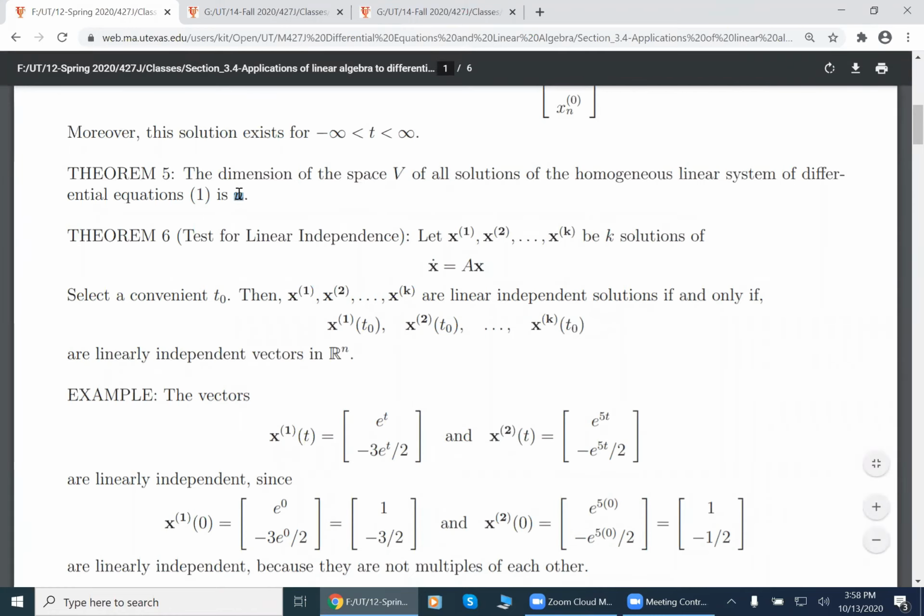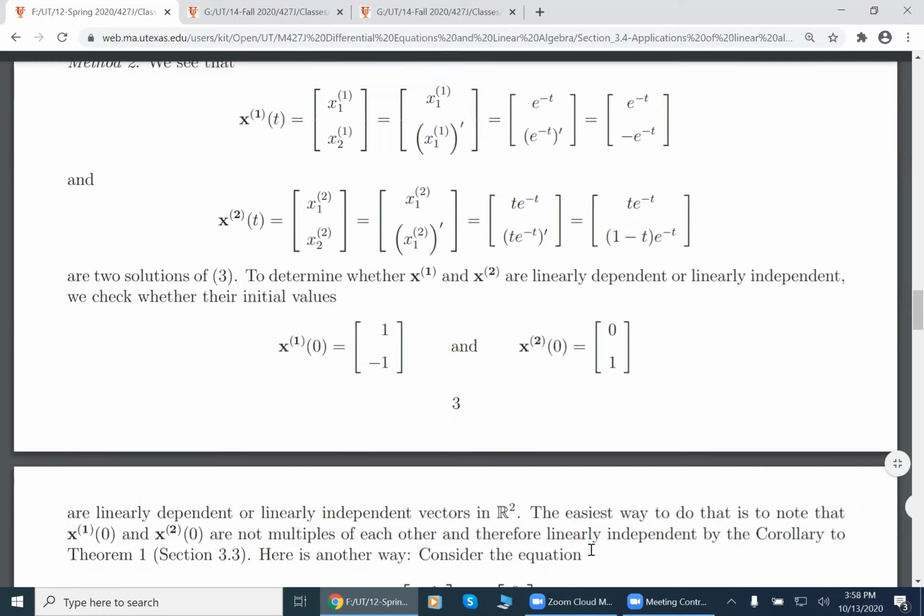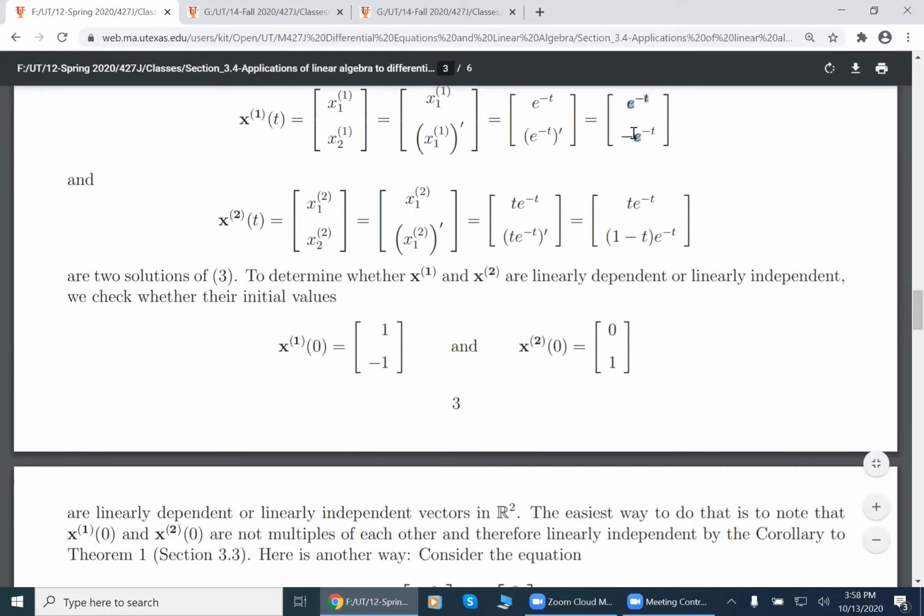It's exactly what we do here. Over here, thanks to this part, this is a particular solution and this is a particular solution. Thanks to this part, these two solutions are linearly independent. Therefore, C1 x1 plus C2 x2 is the general solution. Does this make sense? Yes.